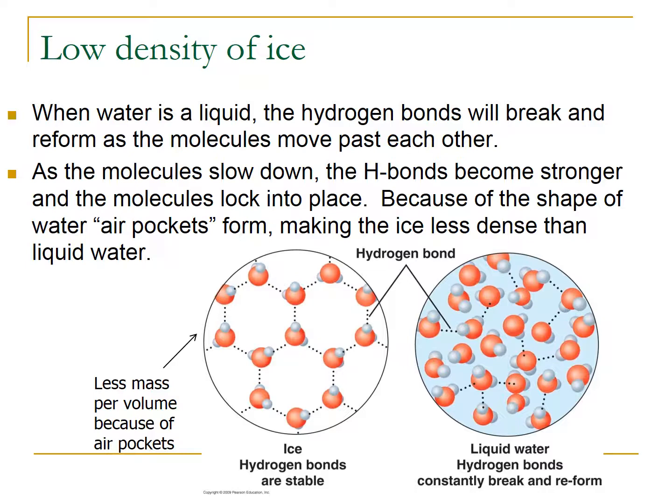So in fact, fewer molecules of water are present per unit of area in ice than in liquid. You can see there are many more water molecules in the liquid water in the same amount of space, and so liquid is more dense than ice.